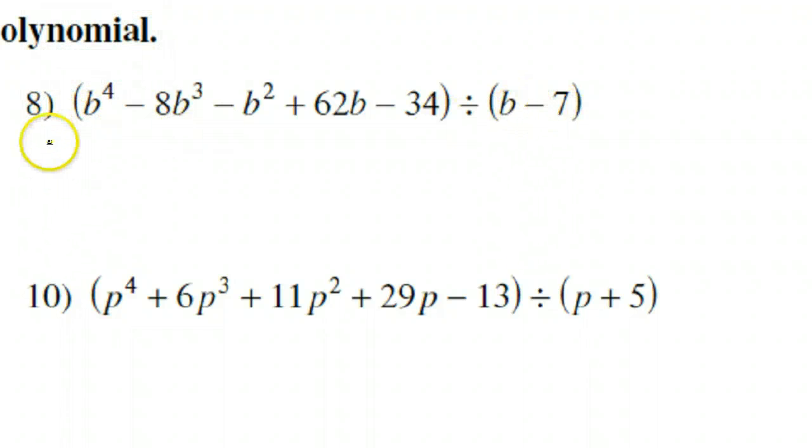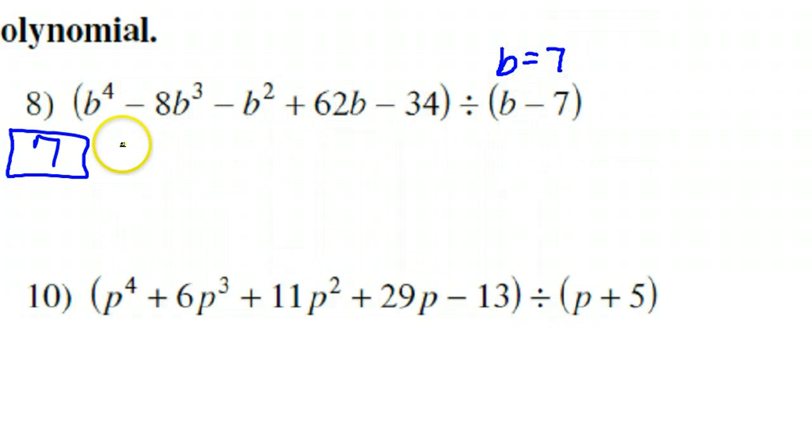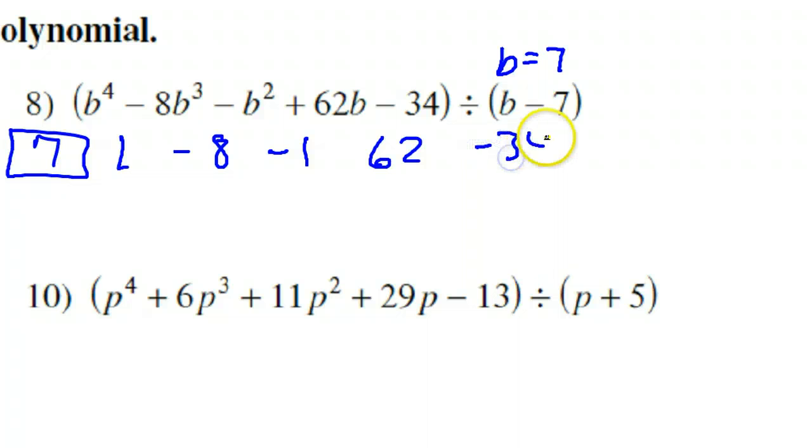Okay, so if I go with the 7, because if this is the factor, then b equals 7 would be the 0. 4, 3, 2, 1, 0. So 1, negative 8, negative 1, 62, negative 34.